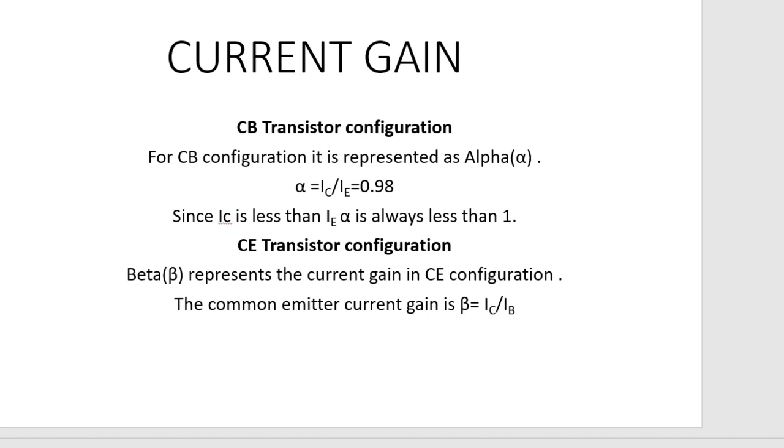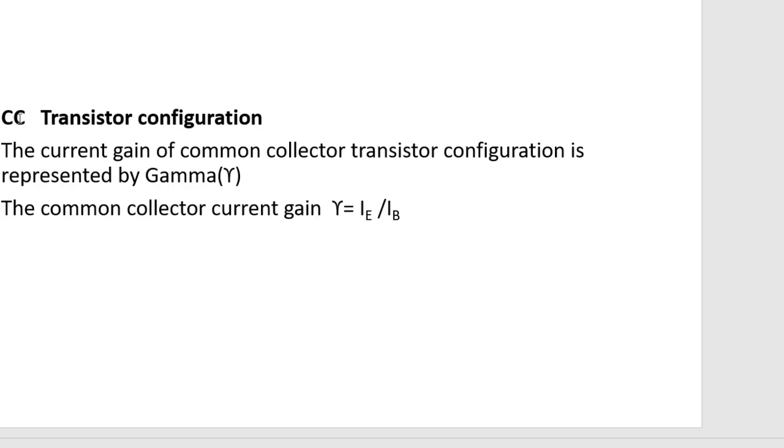As for the third configuration, the common collector CC configuration, the current gain is represented as gamma, and gamma is equal to the output current IE divided by IB.